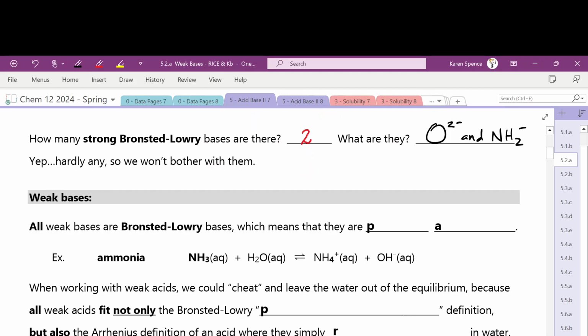Now, we have talked about them very, very briefly before, but we're going to go into more detail here. All weak bases are Bronsted-Lowry bases, which means that they are what?